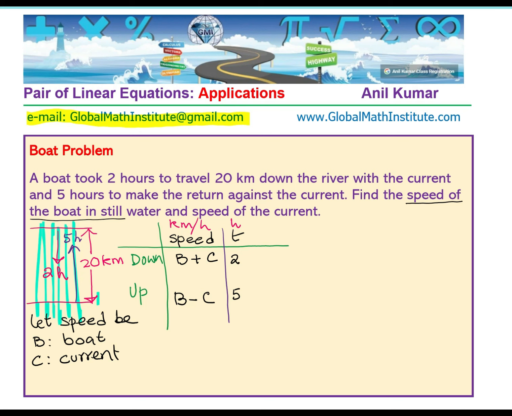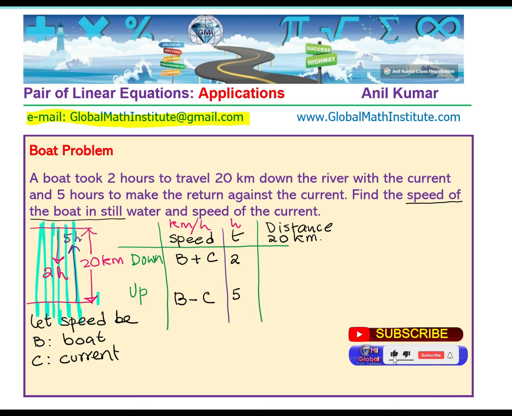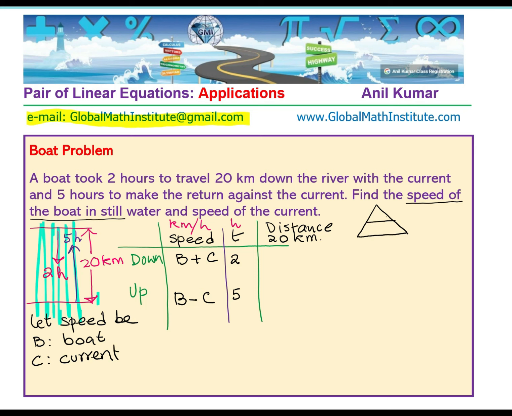So when you do this, you get two different equations because you know that the distance is 20 kilometers in both cases. We also know the triangle which relates speed, distance, and time, so distance is the product of speed and time.